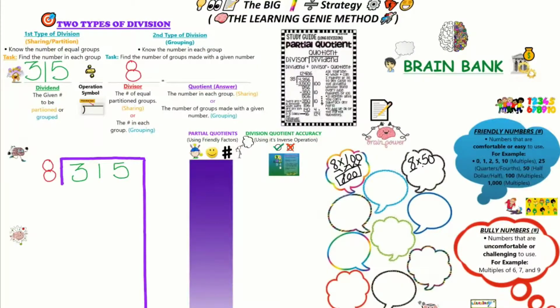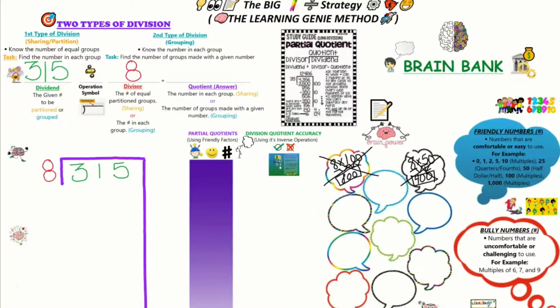My basic fact is 8 times 5. That gives me a product of 40. I will bring this extra 0, and now I have a total product of 400. When I compare this to my dividend, it is larger than 315. Therefore, I cannot use 400, just like I cannot use 800.